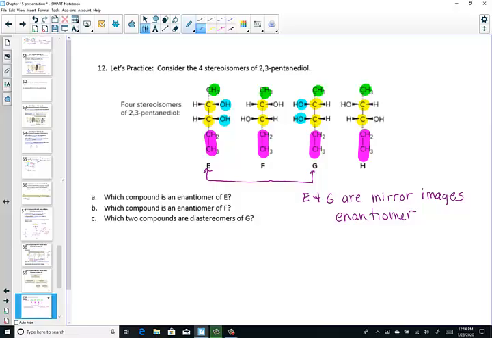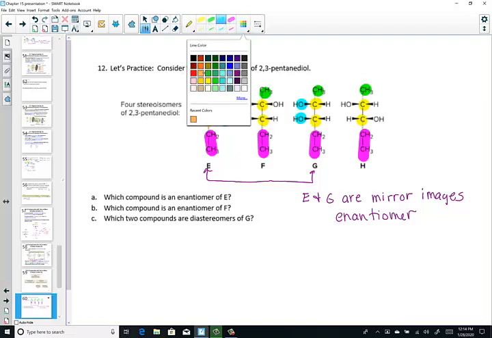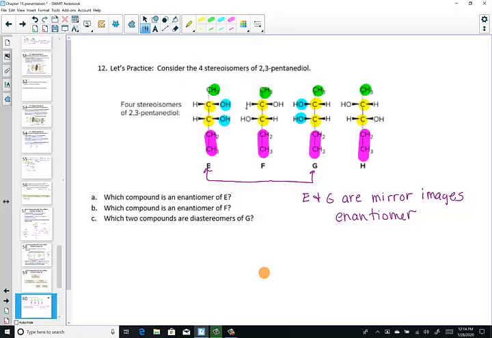Let's investigate further. Let's use orange. On this compound, we have hydrogen. Yep, here it is, hydroxyl. Top one is to the right, bottom one's to the left. Here we have hydroxyl, top one to the left, bottom one to the right.